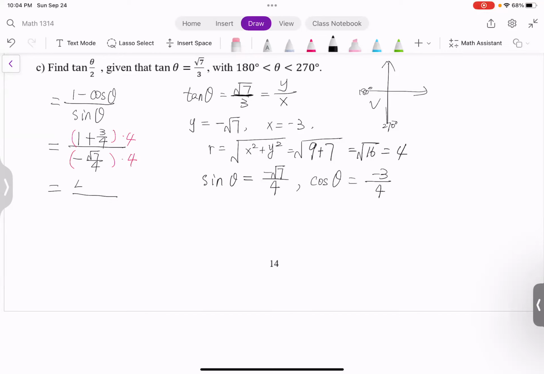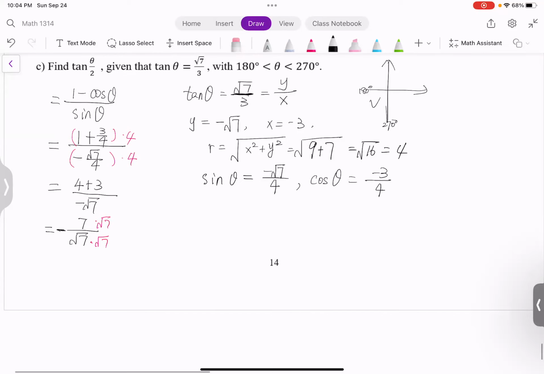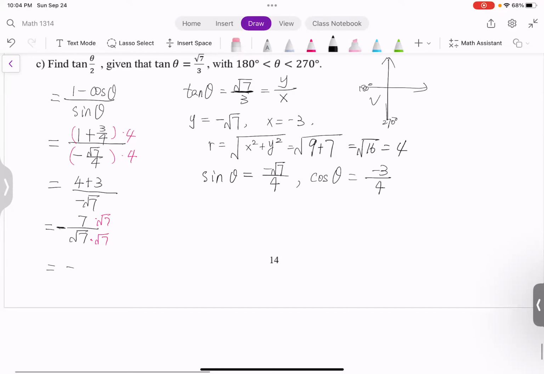We have 4 plus 3, all divided by negative square root of 7. And then we have 7 over square root of 7. Let's rationalize this fraction. We have negative 7 times square root of 7 over 7. This is negative square root of 7.